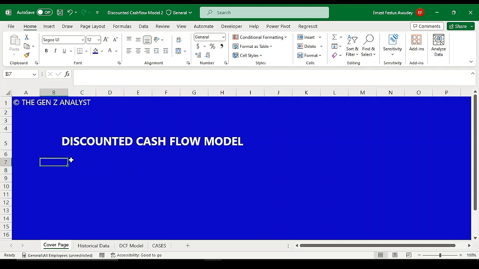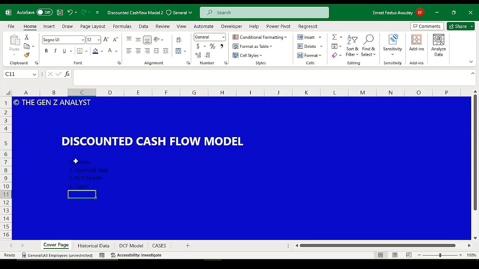And what I'll do is that I'm going to have a table of contents. So just write contents there, and I'm going to have my 1 historical data, I'll have 2 DCF model, and then 3 I'm going to have cases.